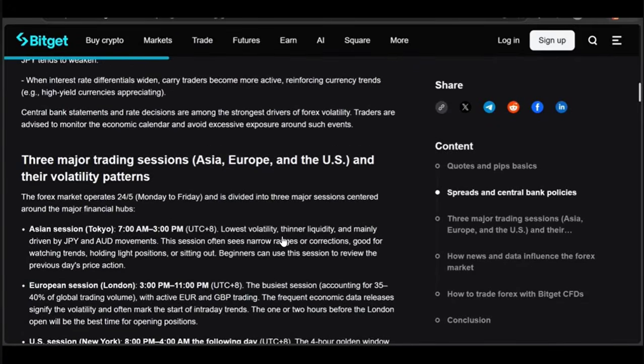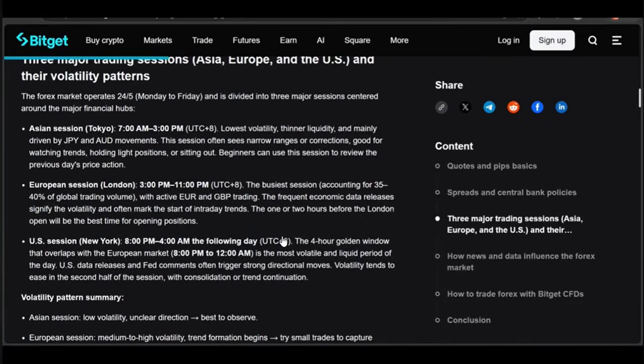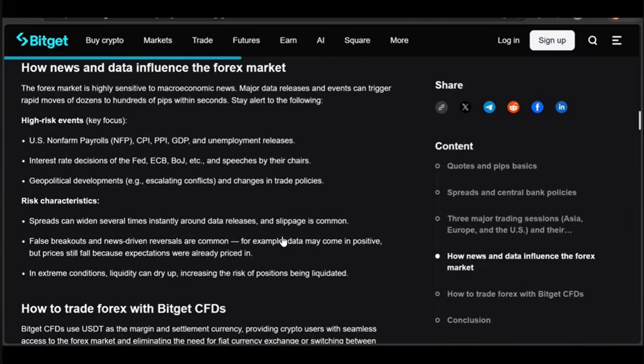So you are not holding euros or dollars in your account. You are simply predicting the direction of the market. This makes trading faster, more flexible, and much easier to access for beginners. And on Bitget, you can do this alongside crypto trading, all in one place.